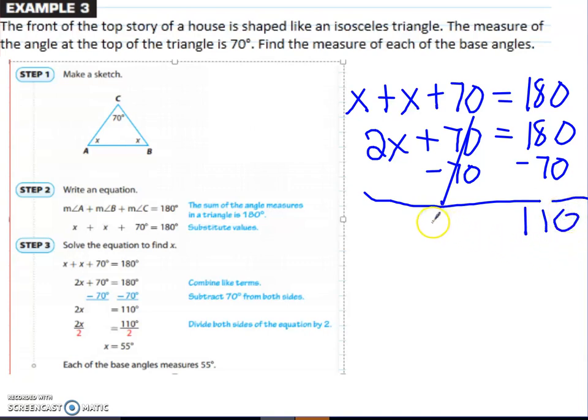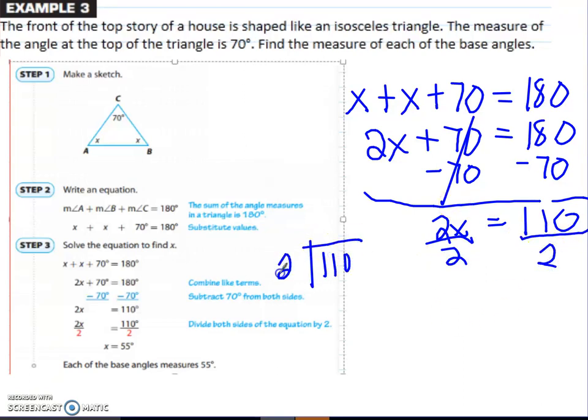All right, then we are going to divide both sides by 2. So 110 divided by 2, go in there 5 times, 5 times again. So x equals 55. And we want to know what the measure of each base angle is. So it is 55.